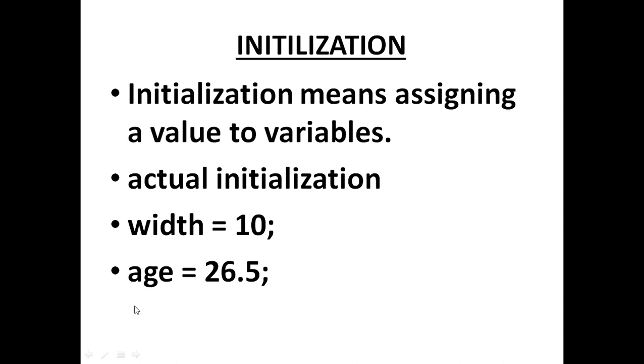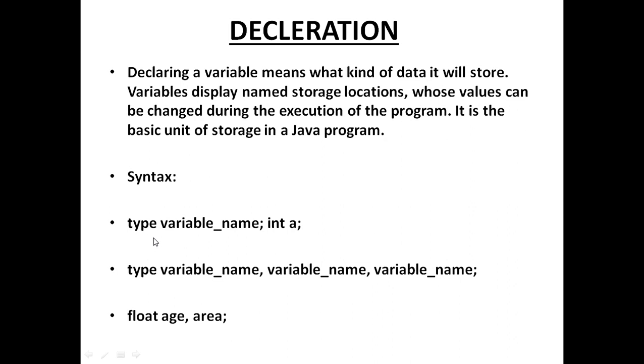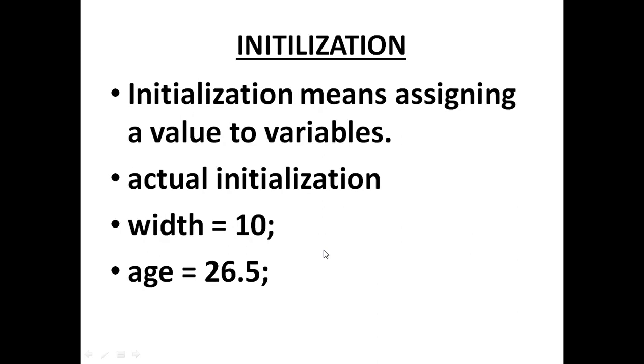Age is 26.5. In the earlier case, with only int a, we cannot use values. But in initialization, width is a variable and 10 is a value. This is called initialization.